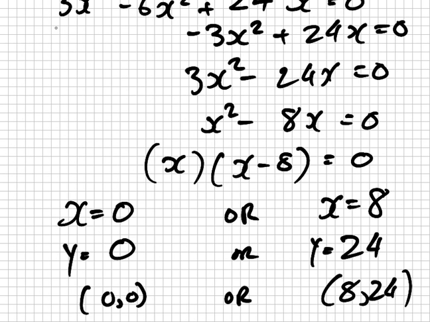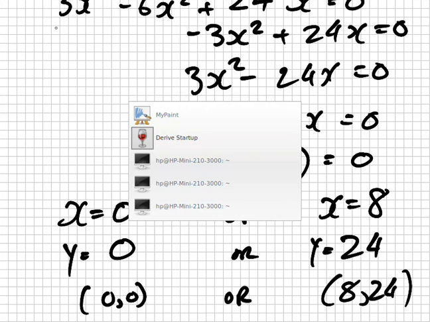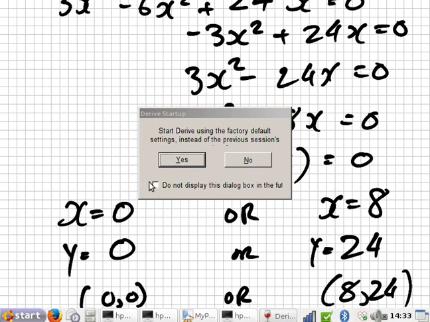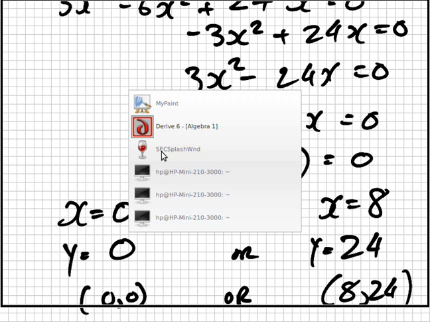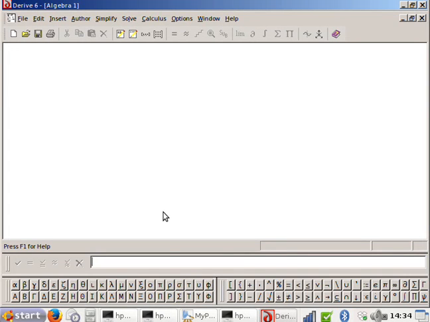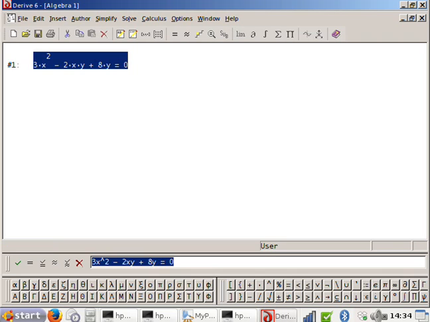Okay, let's have a look at that graph. Oh, it's not loaded yet. Here we go. So we have 3x squared minus 2xy plus 8y equals 0.